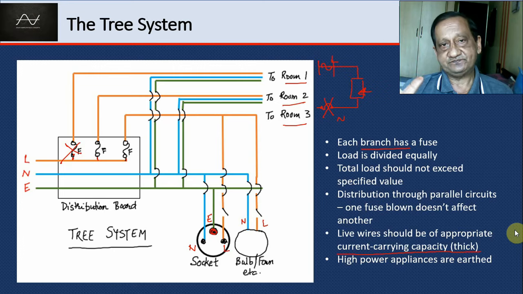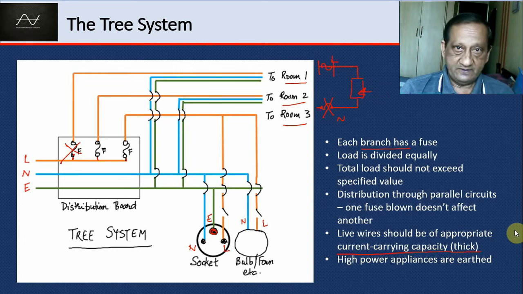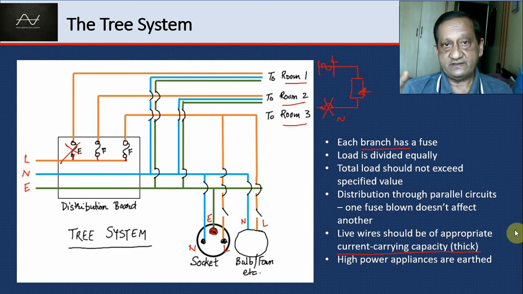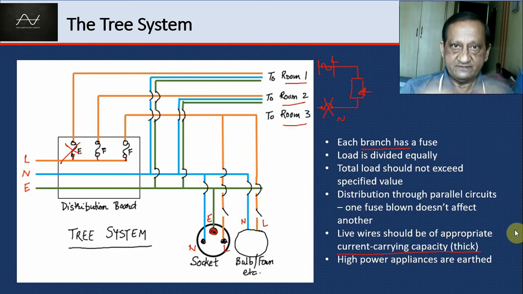Capacity means that you don't get too much heated up when you're carrying a current. So if you're thick, your cross-section area is large, your mass is large, then the heat capacity is larger, so your temperature doesn't rise all that much. So anything that has got a high heat carrying capacity will be thicker.